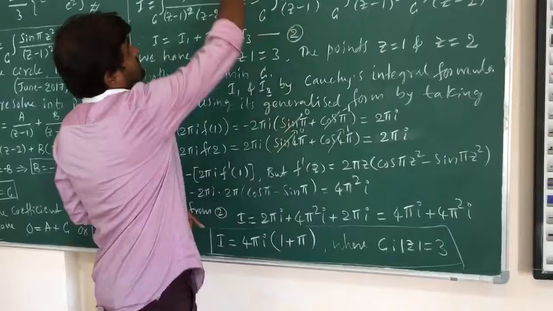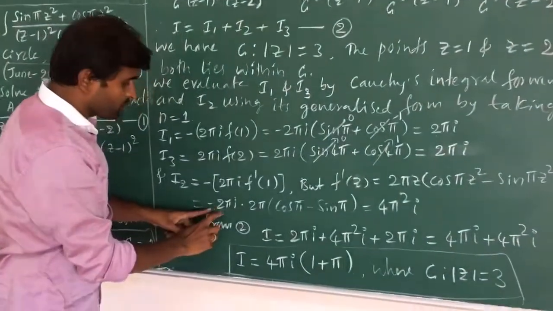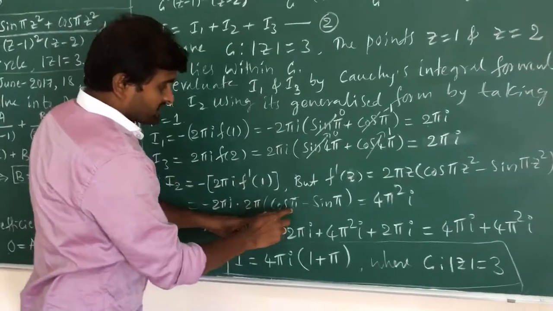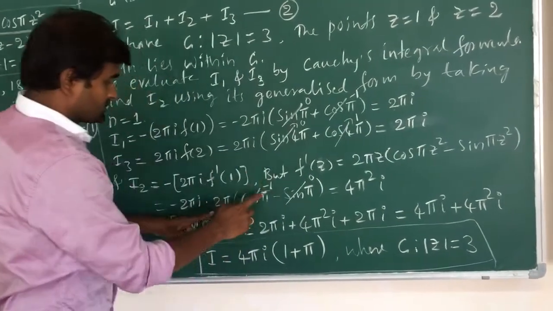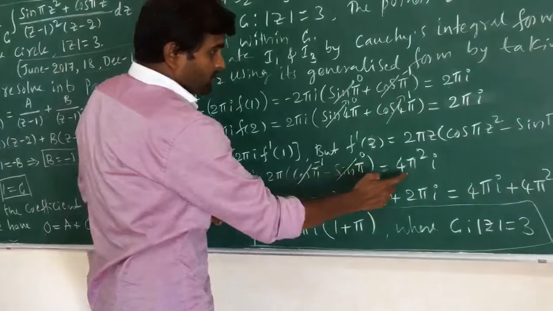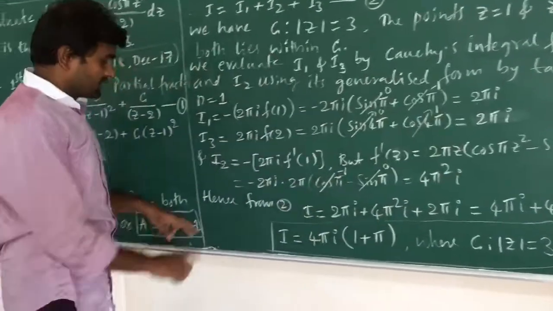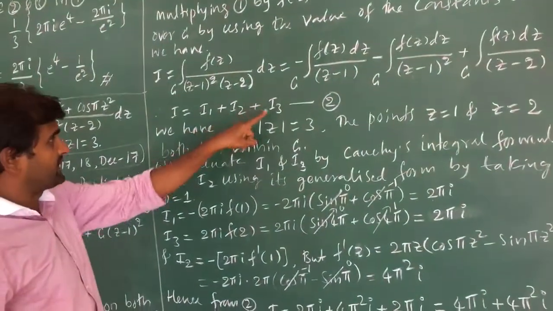Now replacing z equal to 1: minus 2 pi I into, 2 pi z with z is 1, cos pi minus sin pi, where sin pi is 0 and cos pi is minus 1, so minus into minus gives plus 4 pi square I. Now from equation 2, replace I1, I2, I3 here.